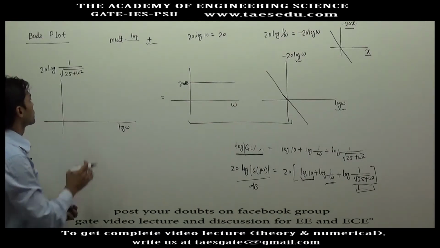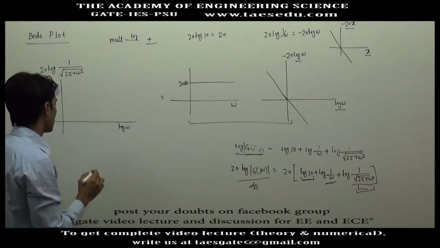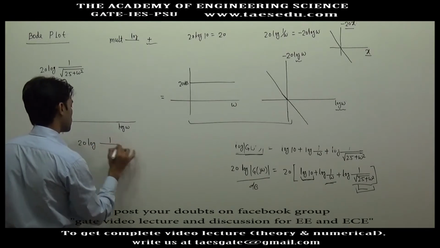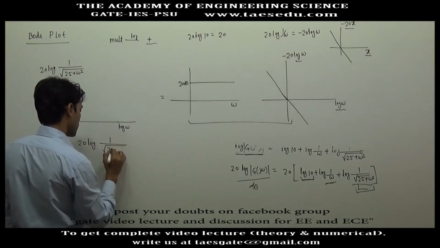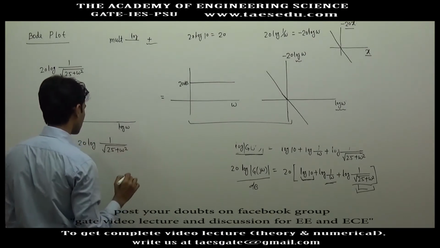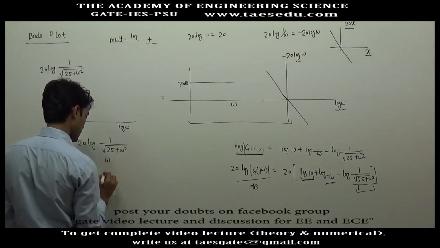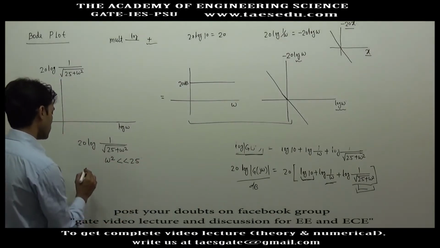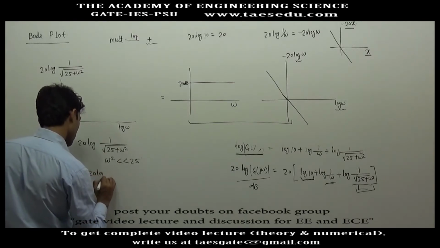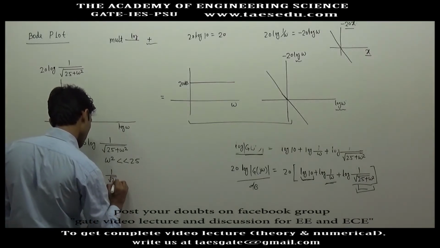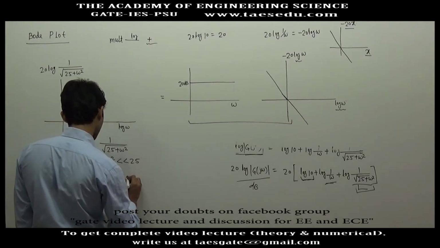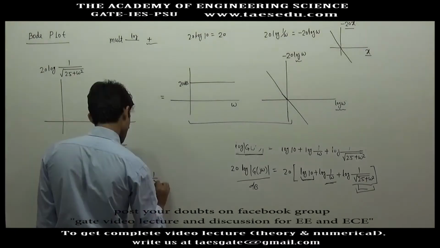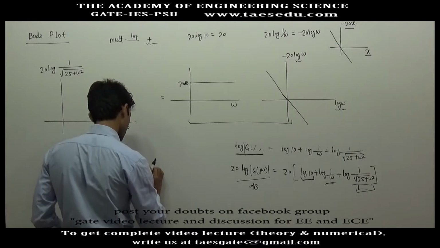So to get the approximation, first we will plot when ω is very less. We have to plot 20 log 1 upon root under 25 plus ω square when ω square is much less than 25. So this will give you 20 log 1 upon root under 25, which will be minus 20 log 5.